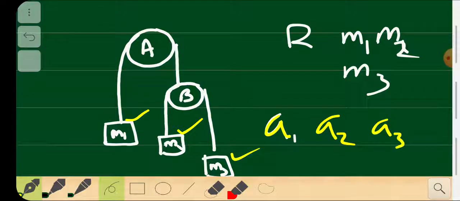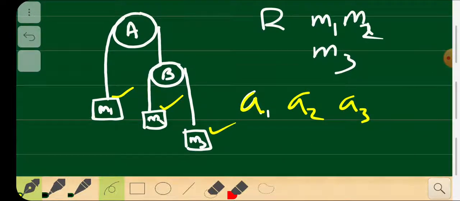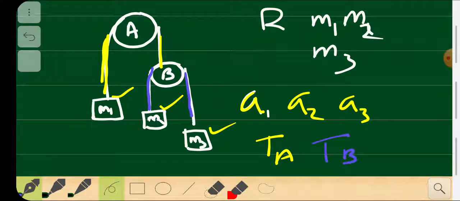I can also find the tension in the string A, and the tension in the string B as well, TB. You can find them all out. So how can I do that?